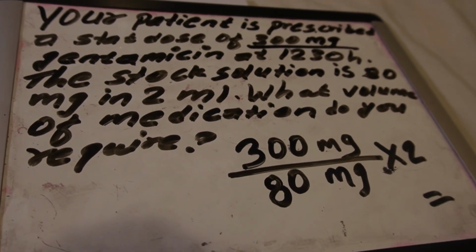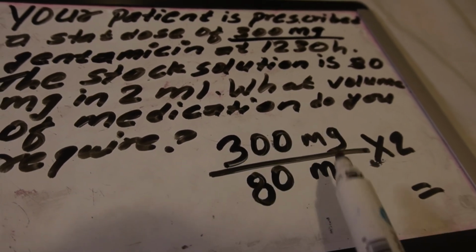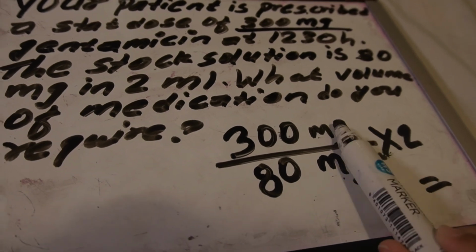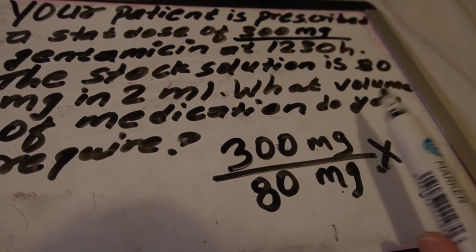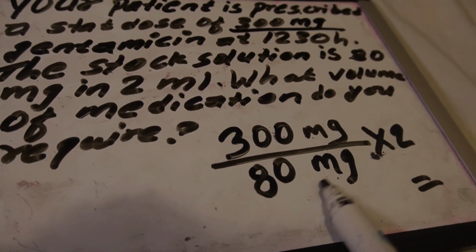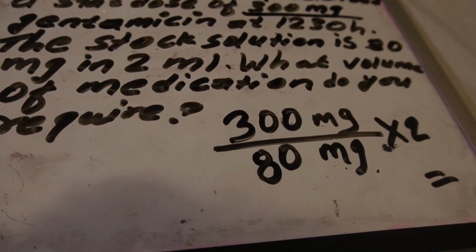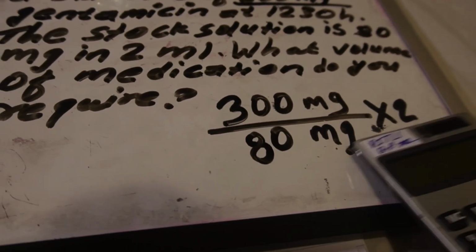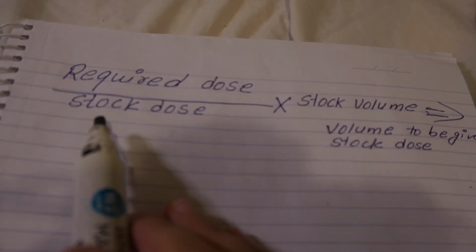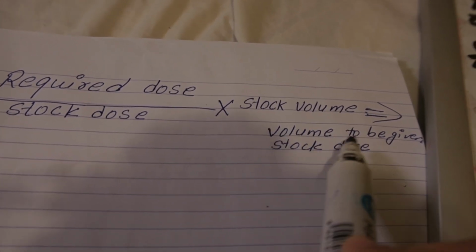All the things are in good order, so we don't need to change anything. If there were mg and a different unit, then we would need to multiply or divide something. But here it is mg and mg, so we don't need to change anything. Here is my calculator. We follow the formula: required dose over stock dose, times stock volume, gives the volume to be given.